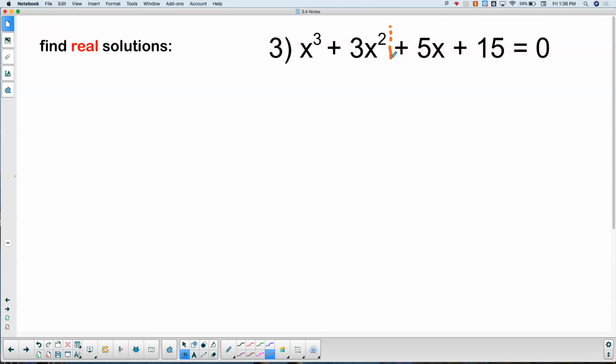Divide it in half. Factor out an x squared. Leaves me with x plus 3.